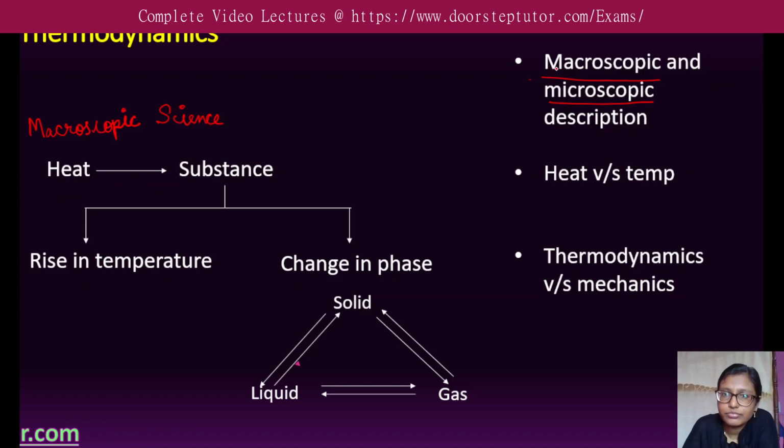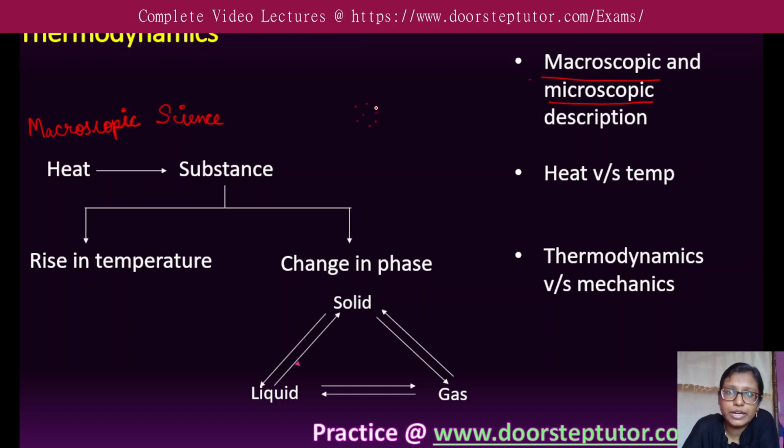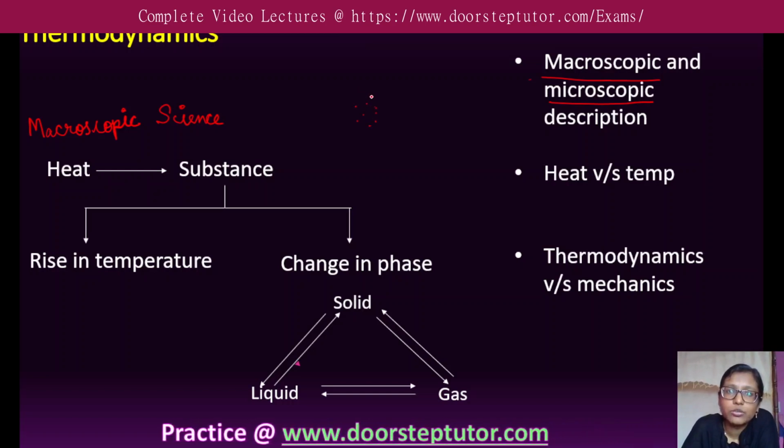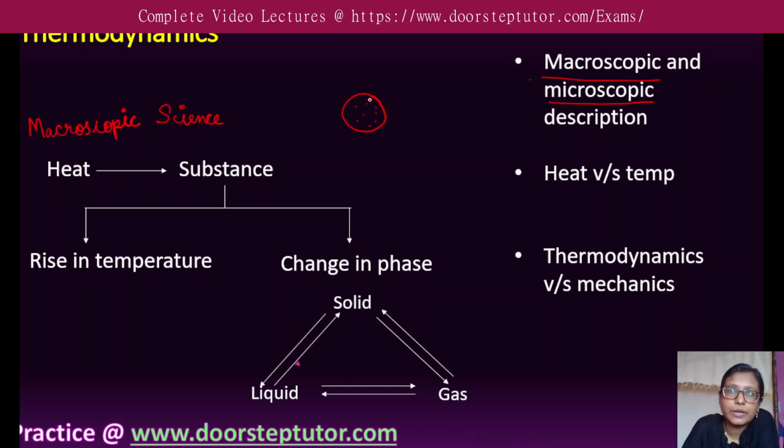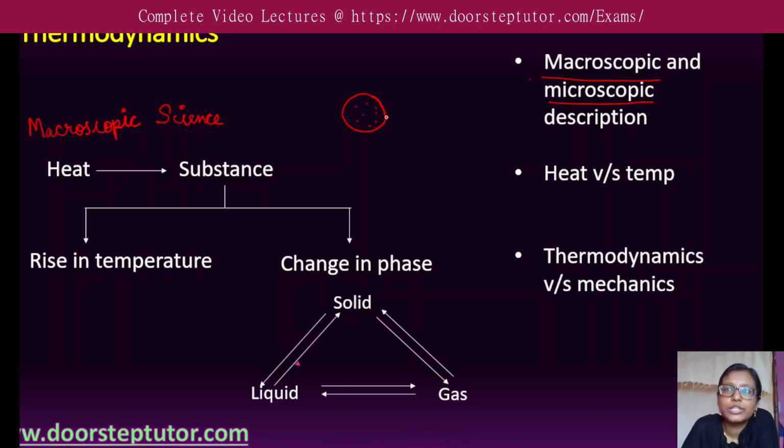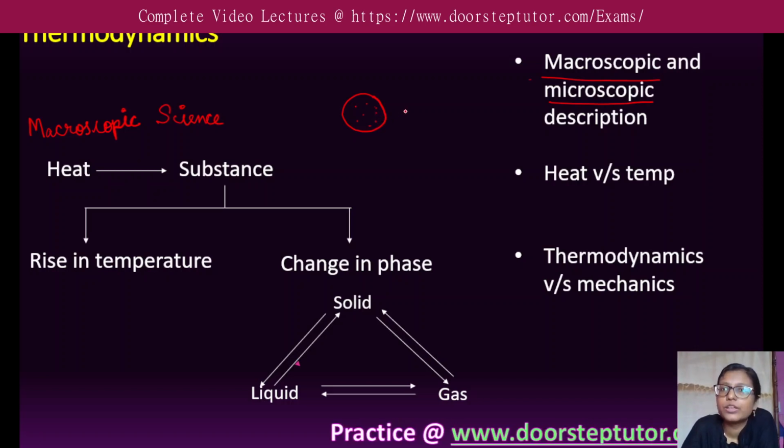Whereas in the macroscopic description or the thermodynamic approach, instead of studying the constituent particles, we study the system as a bulk with the help of macroscopic parameters such as pressure, volume, temperature, and these parameters can be directly measured in the laboratory and also can be perceived by our senses.